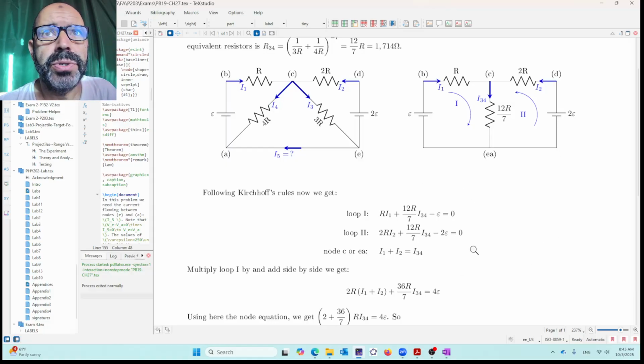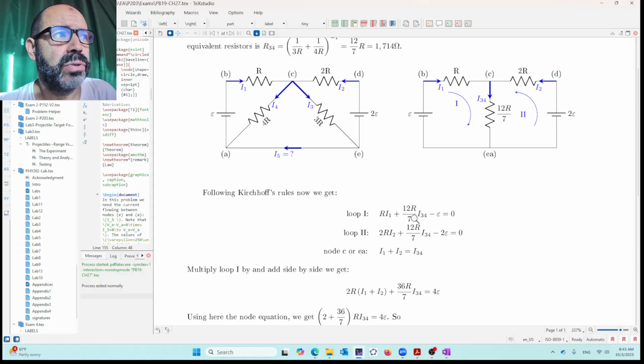The first thing you note in here, it doesn't matter what the value of R is. If I multiply this equation by 2 and add the equations side by side, you will have 2R I1 and 2R I2. When you add them up, the 2R comes as a common factor, and you will be left with I1 plus I2. And then you will have here 2 times 12, that's 24, plus 12, that's 36, R divided by 7, the denominator is the same.